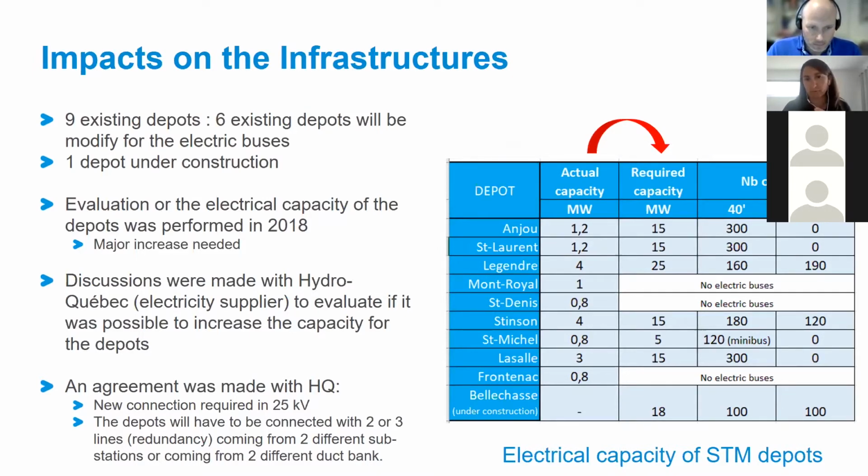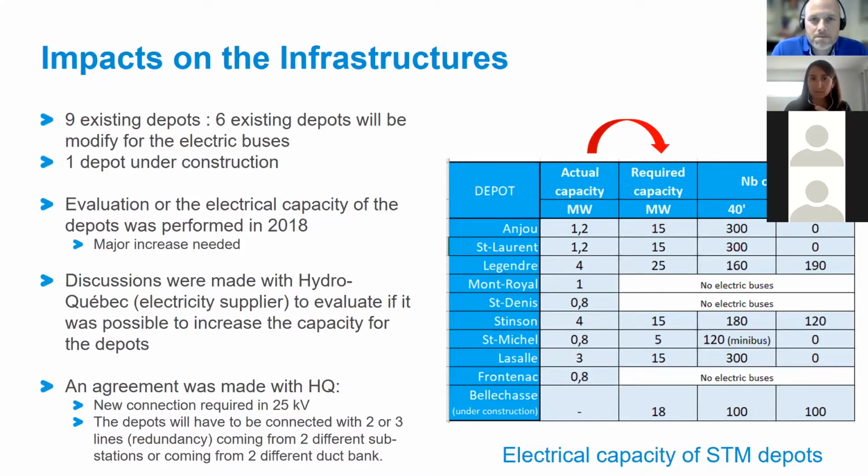The new connection required will be in 25 kilovolts, and each depot will be connected with 2 or 3 lines in redundancy. And also the lines will have to come from different substations or from different duct banks, just to be sure that we manage the risk of power failure.